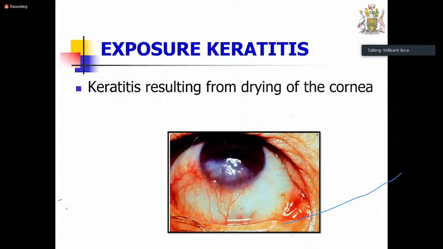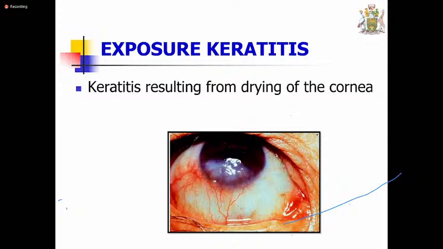So exposure keratitis results from drying of the cornea. The most common place you'll encounter this is, let's say, in an ICU, with a patient who's unconscious. Most people tend to forget about the eyes. If you examine these patients, you'll find that they have poor closure of the eyelids, and the inferior part of the cornea tends to be exposed, leading to an ulcer forming because the epithelium dries out and gets damaged.